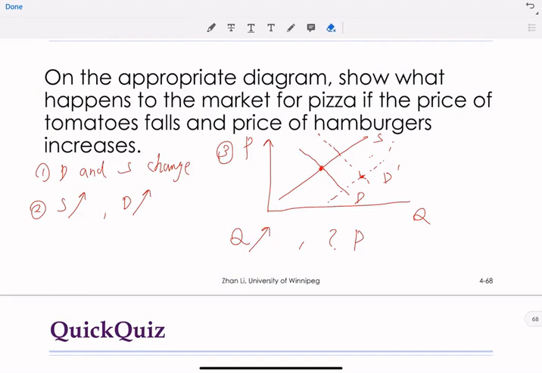Or if the supply curve only increases a little bit, so let's say this is the new supply curve and this is the new equilibrium point, then the market price will actually be higher, right? So in the end, you're really uncertain how market price will change. Okay.